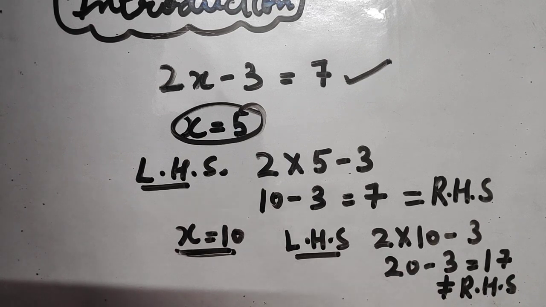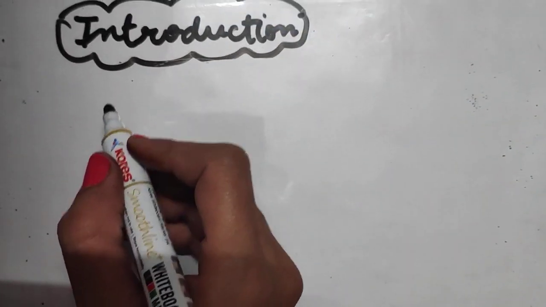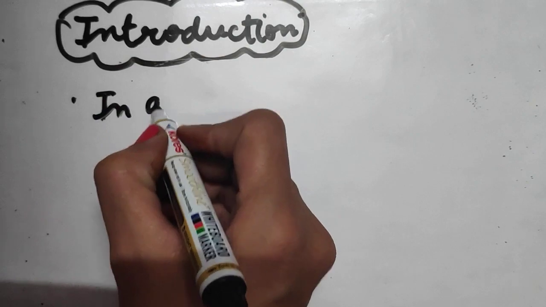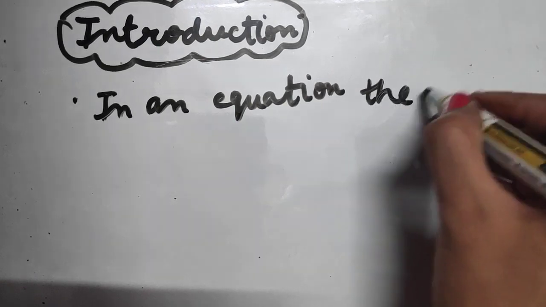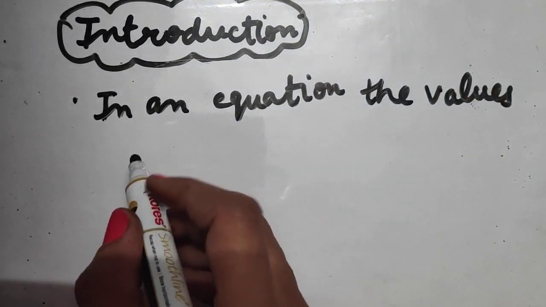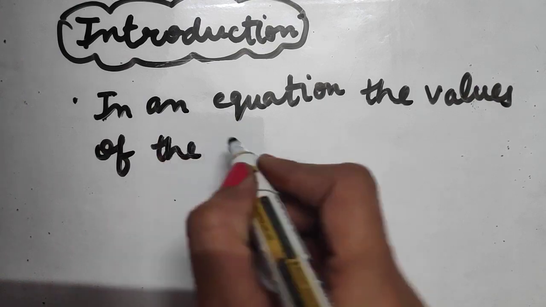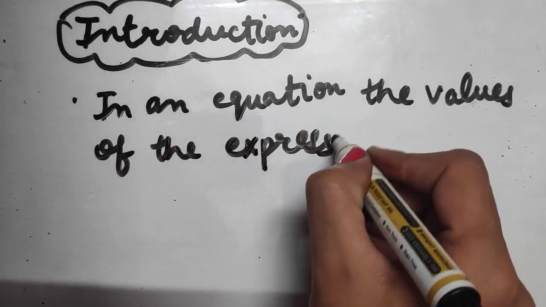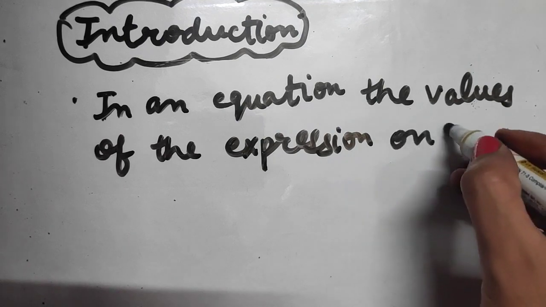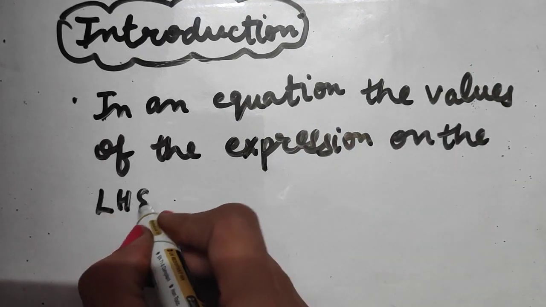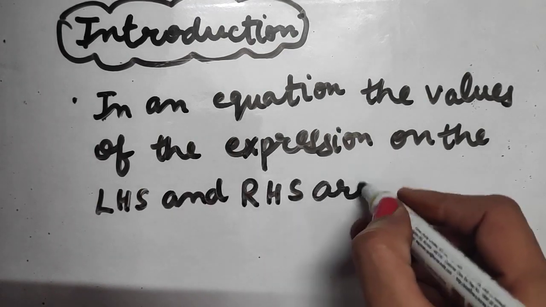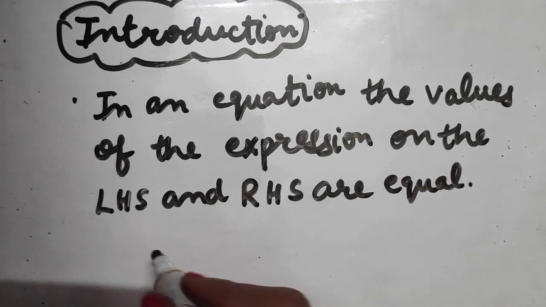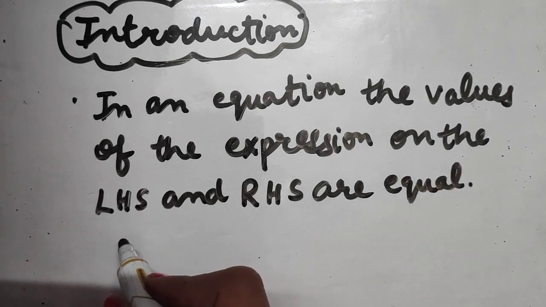So what have you understood? We have understood that in an equation, the values of the expression on the left hand side and right hand side are equal. This happens to be true only for certain values of the variable.